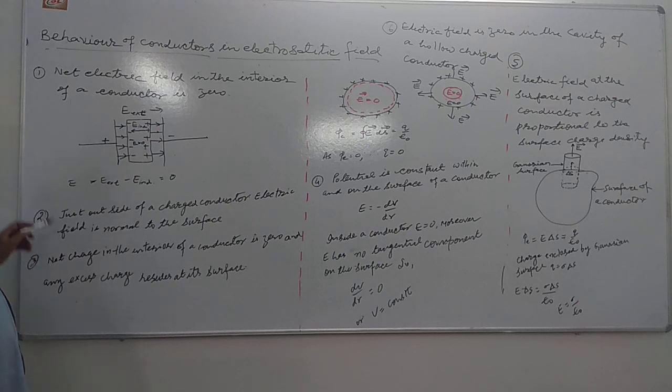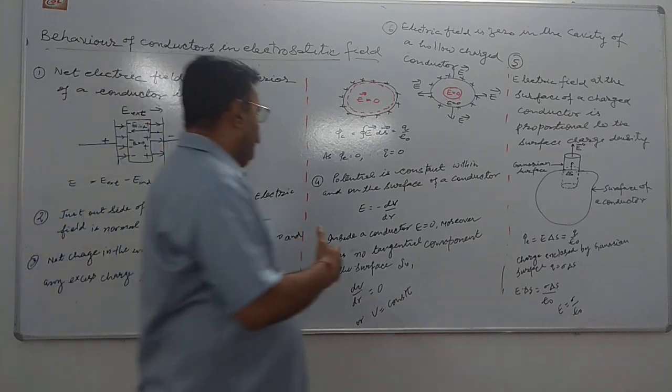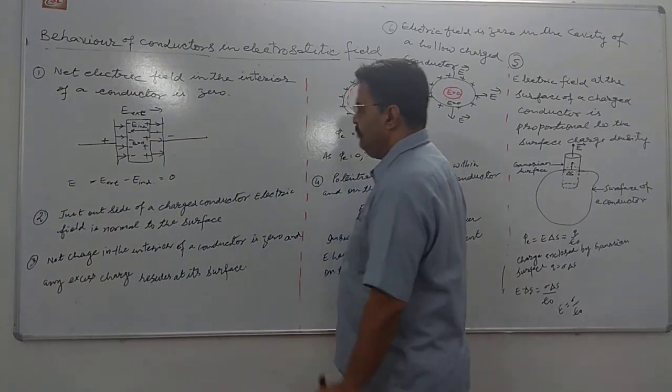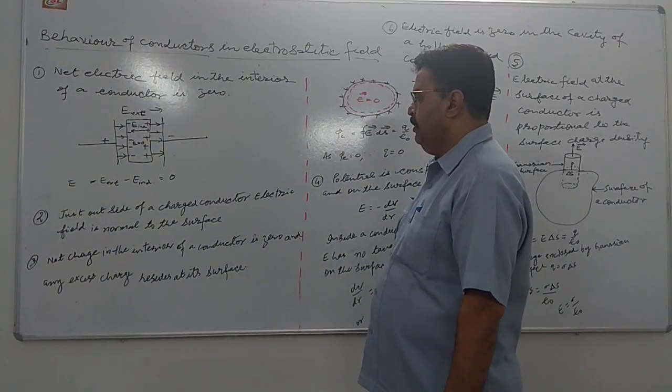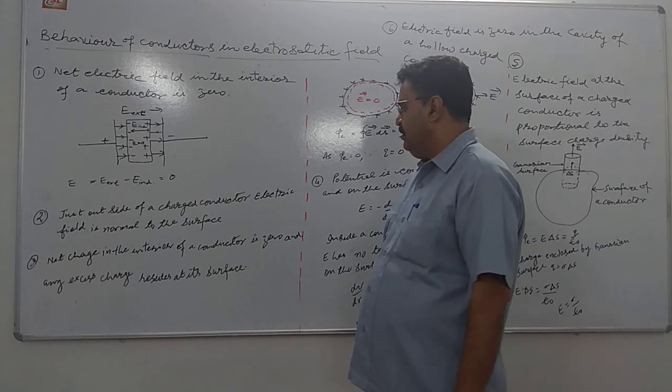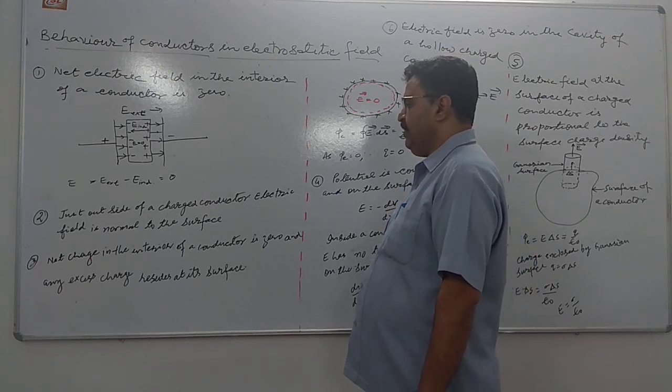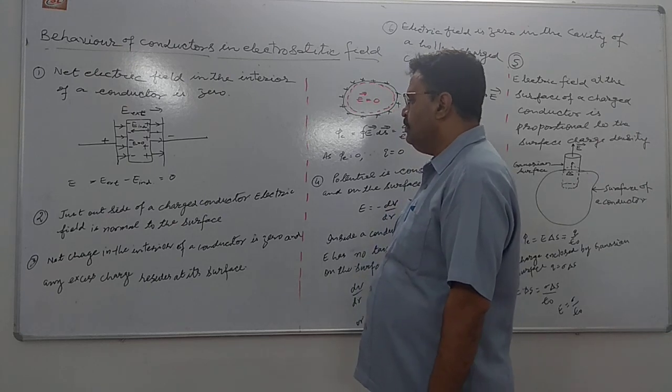Here you can see that the electric field just outside the surface always remains normal to the surface.